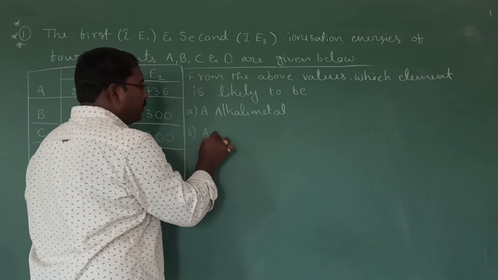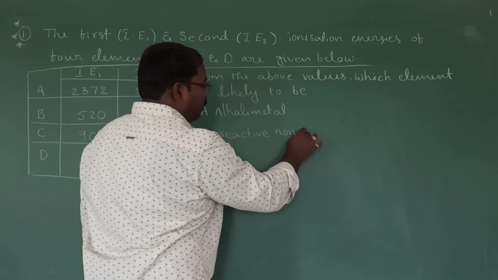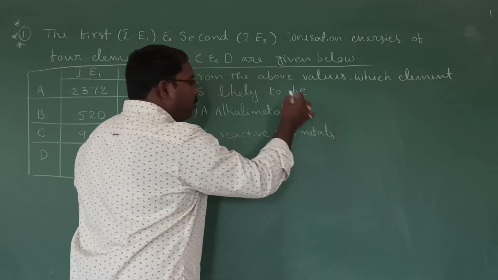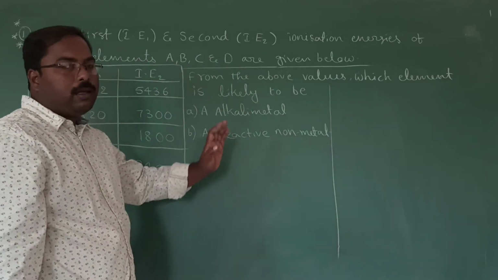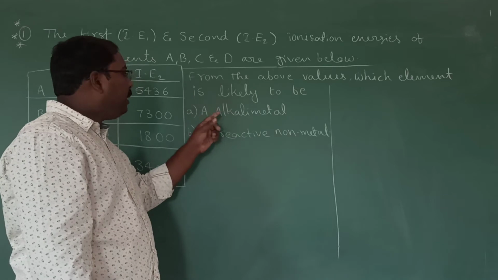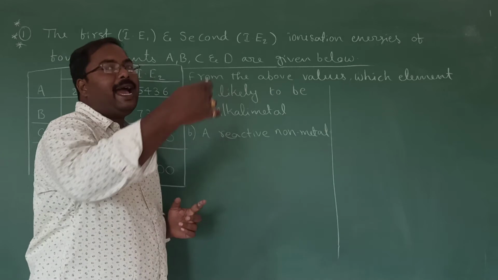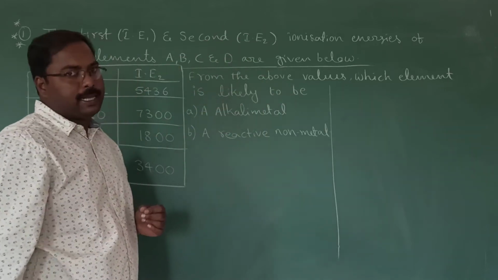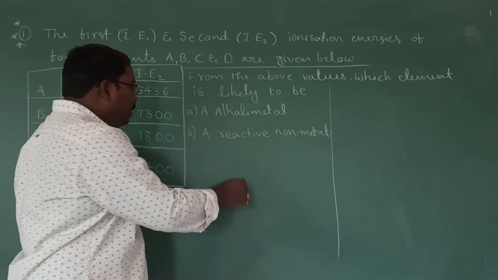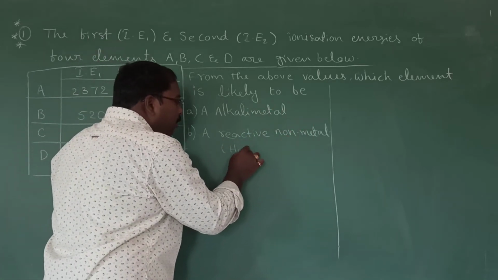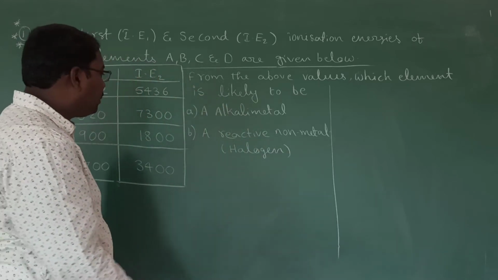Second is a reactive non-metal. Regarding the metals, alkali metals are most reactive. Coming to the non-metals, the halogens are most reactive. Instead of asking for the most reactive non-metal, they may ask out of the 4 elements which is a halogen.